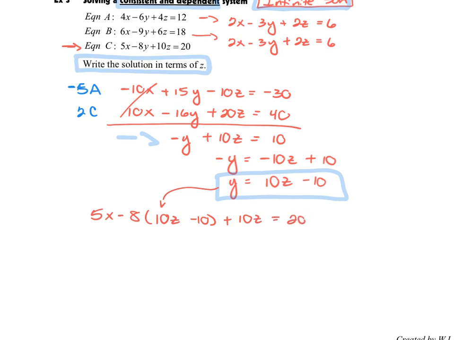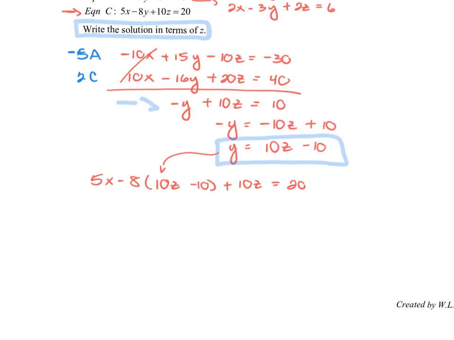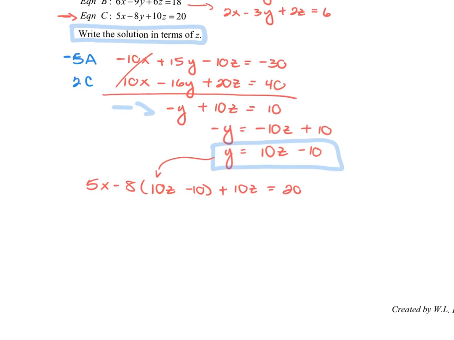And now I'm going to solve this so it becomes an x equals something in terms of z. So then I'll have my 5x minus my 80z plus an 80, you've got to be really careful with your signs, plus a 10z equals a 20.